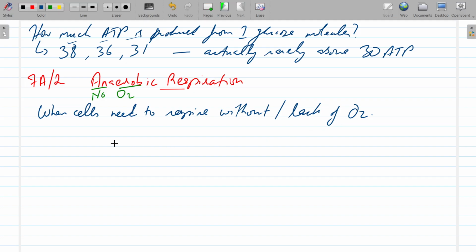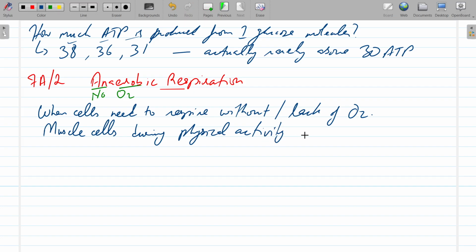An example of that scenario, for humans at least, would be the muscle cells during physical activity, and not just demanding physical activity, which means you're exercising in some way, playing a sport or jogging or doing something.